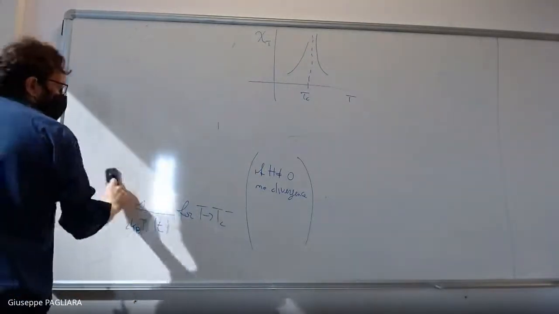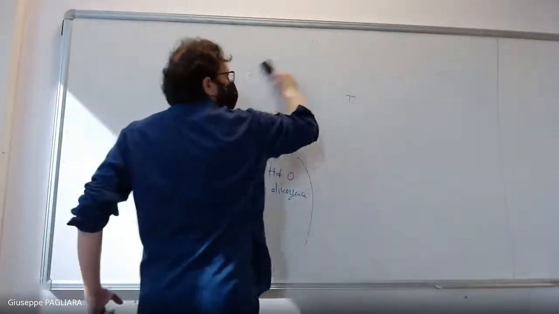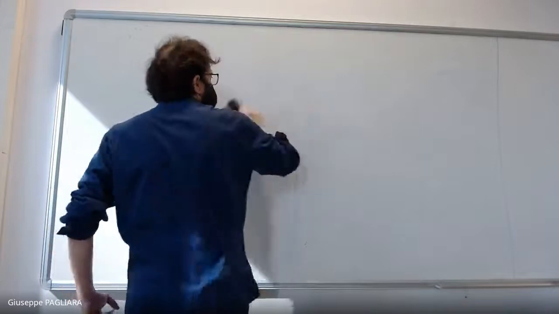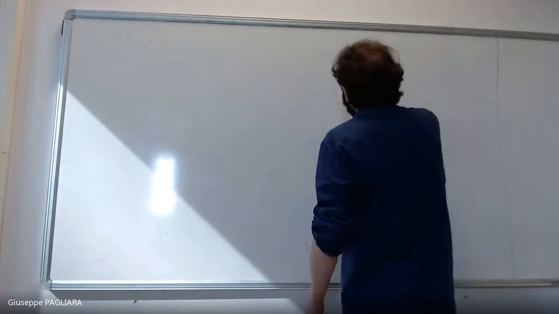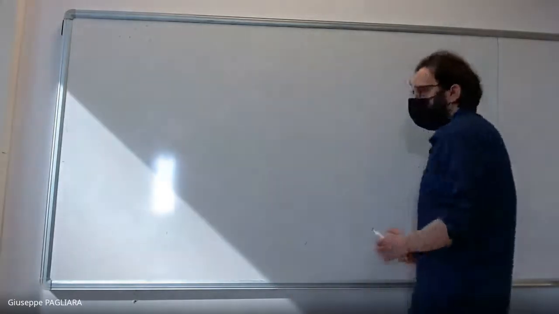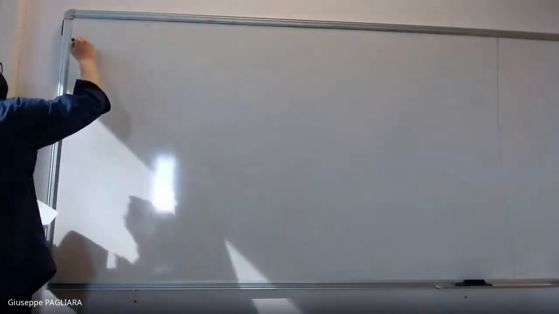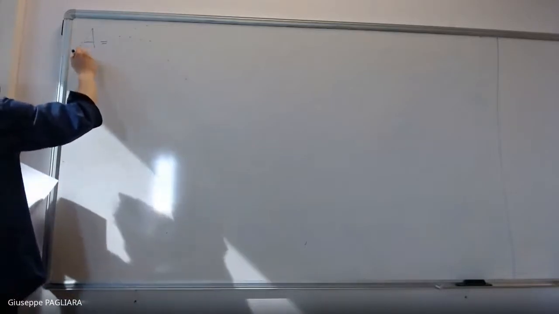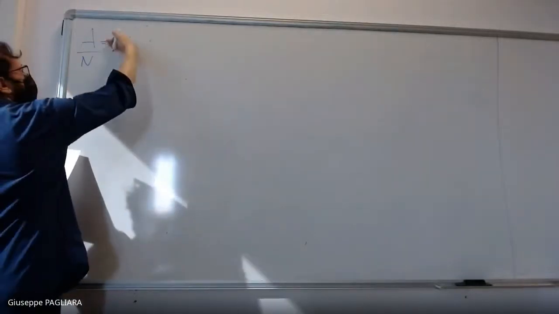Now, another interesting thing to do is to see the behavior of the Helmholtz free energy when we are close to the phase transition, close to the critical point, because in that case you can clearly see what happens at a phase transition in terms of Helmholtz free energy. So let's try to compute it. A, or better A divided by N, which is the same. This was done already in this calculation.